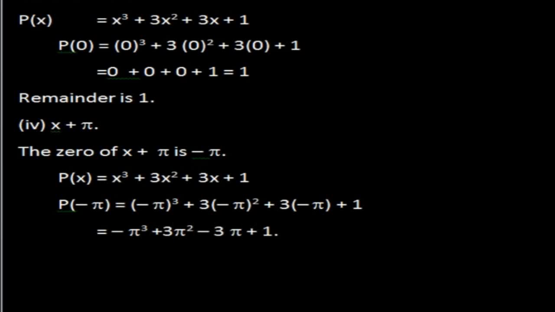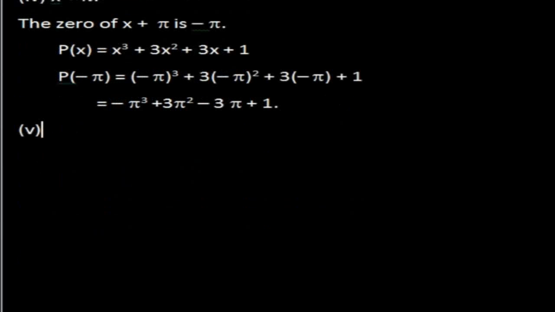Now let us move to subdivision 5. Subdivision 5 is given here as 5 plus 2x. So what will be the zero of 5 plus 2x?